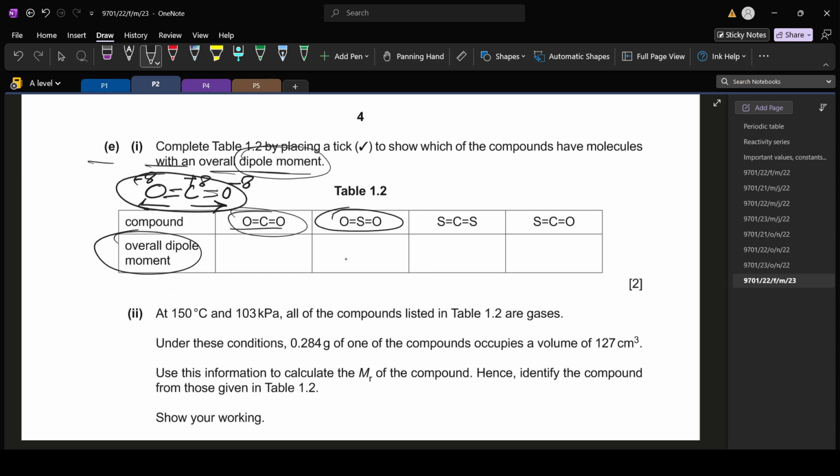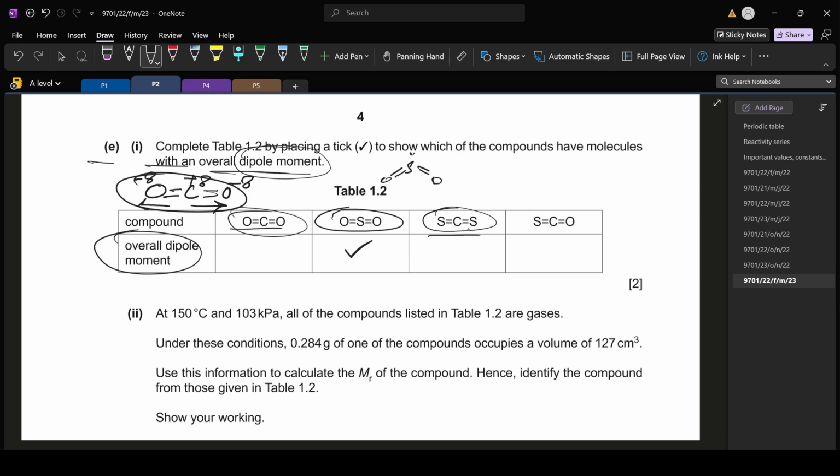Now see this sulfur. Sulfur is in group 16, so it has 6 electrons, and 4 of the electrons are bonded. So there is one lone pair. Okay, so it will have a shape like this. So there is an overall dipole moment. Okay, dipole moment does not cancel out, so it will have a dipole moment. Now see this carbon.